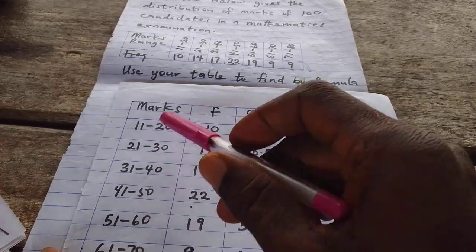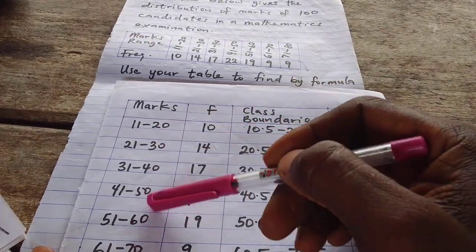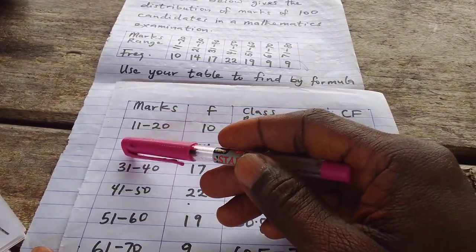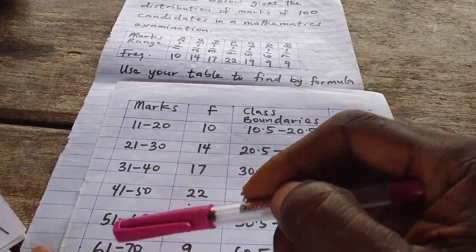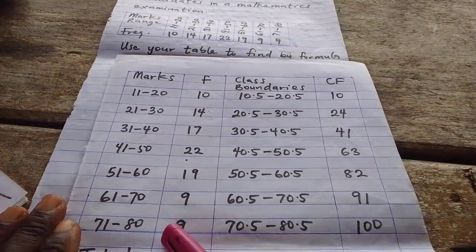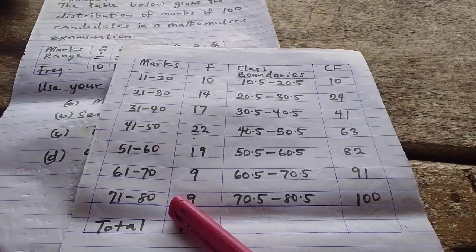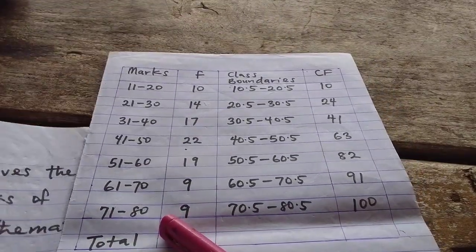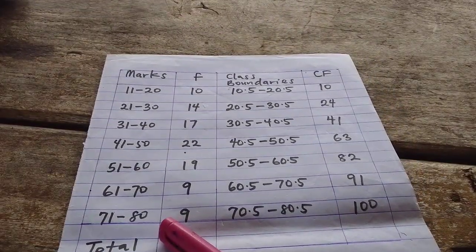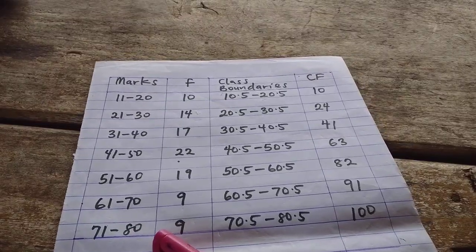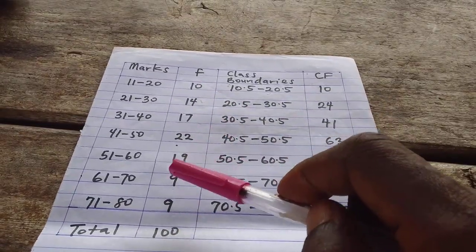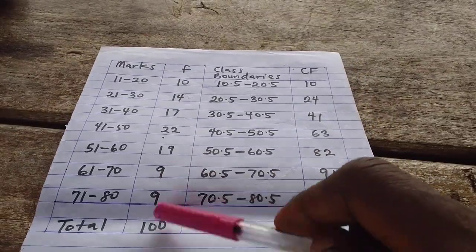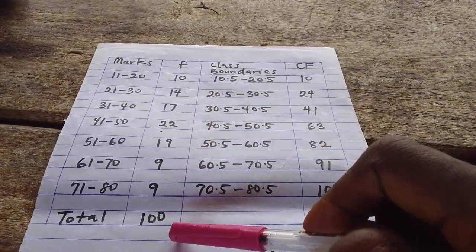These are the marks: 11 to 20, 21 to 30, 31 to 40, 41 to 50, 51 to 60, 61 to 70, 71 to 80. Then their frequencies have been given, which are 10, 14, 17, 22, 19, 9 and 9. Everything adds up to 100.